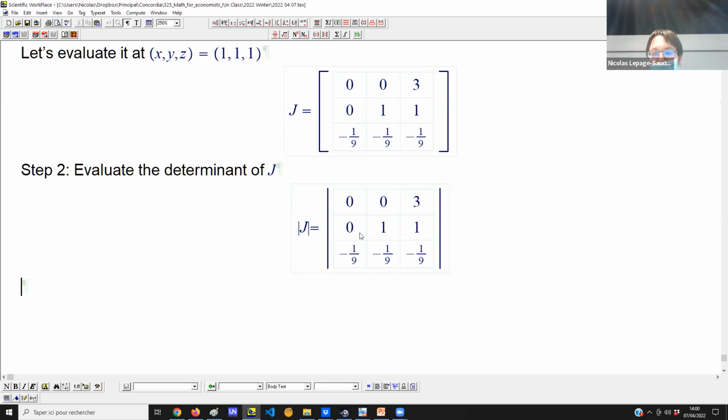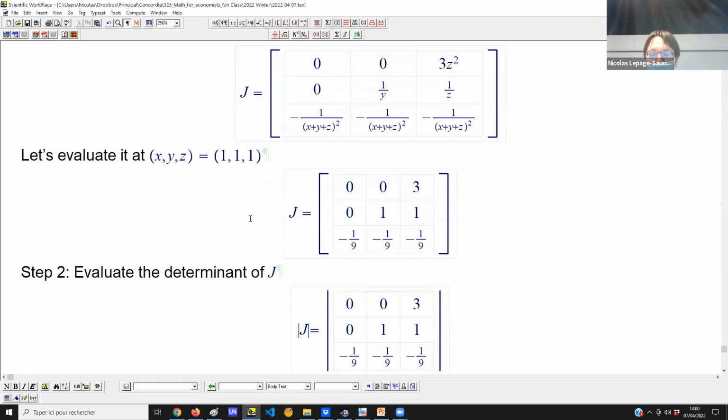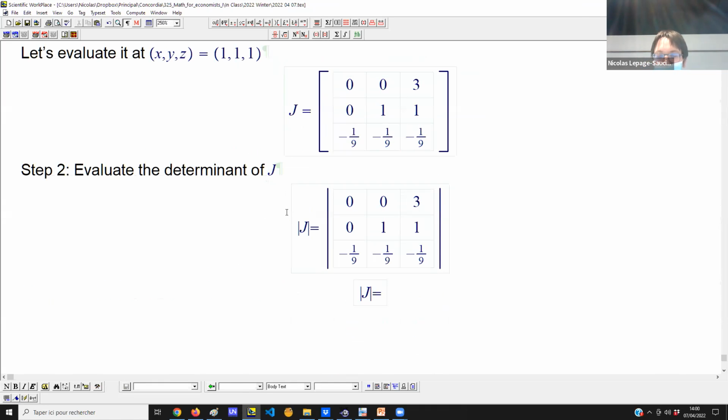Either this column or this row, for instance. So let's start with that one. What's neat about this exercise is that it's a link between linear algebra and derivatives, a bridge between the two chapters.